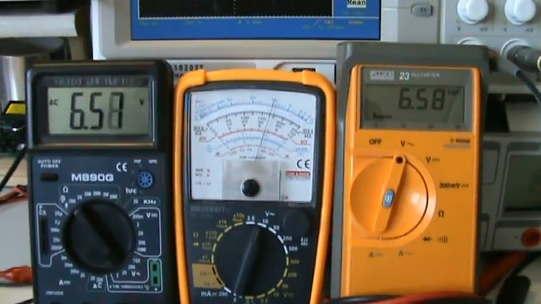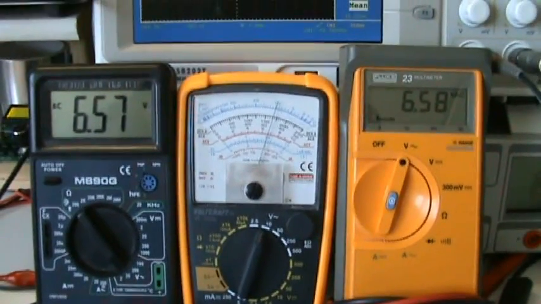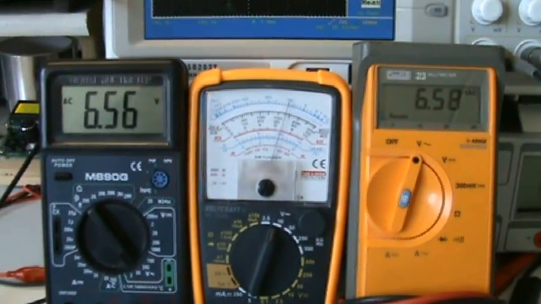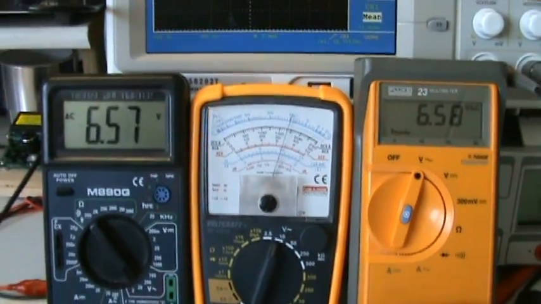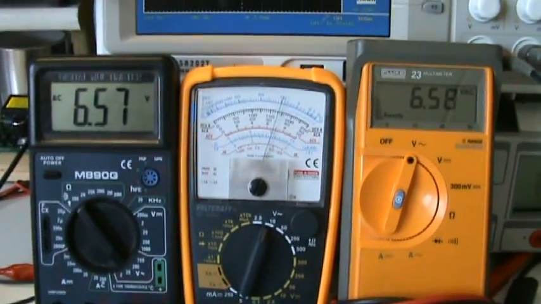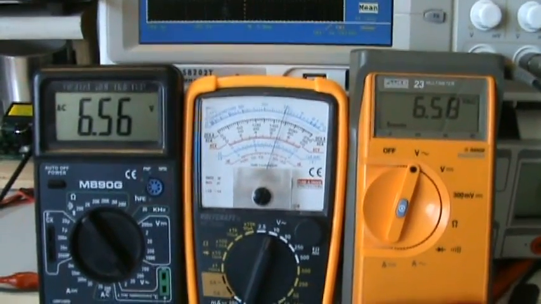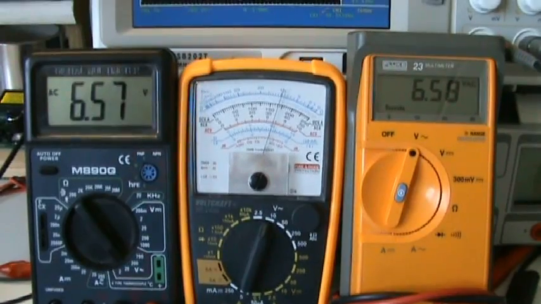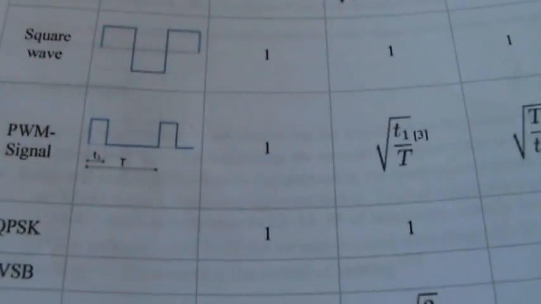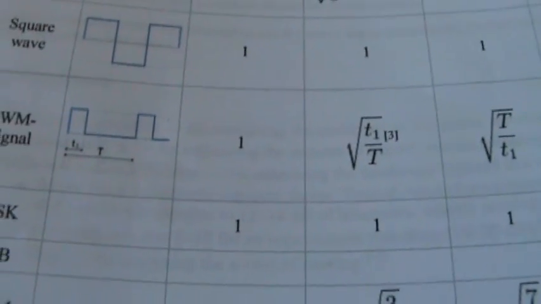So I will start noting now these voltages for the sine wave up to the different frequencies and put them in a spreadsheet. Later on I will do the same for the triangle, the square wave, and I will see what I can do with this duty cycle type waveform, because I'm not sure.